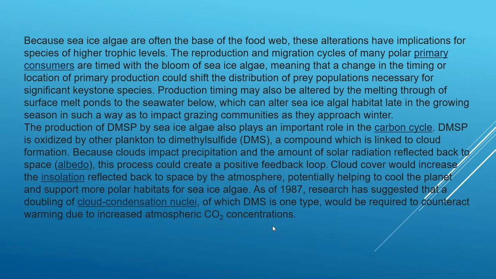Production timing may also be altered by the melting through of surface melt ponds to the seawater below, which can alter sea ice algal habitat late in the growing season in such a way as to impact grazing communities as winter nears. The production of DMSP by sea ice algae also plays an important role in the carbon cycle.